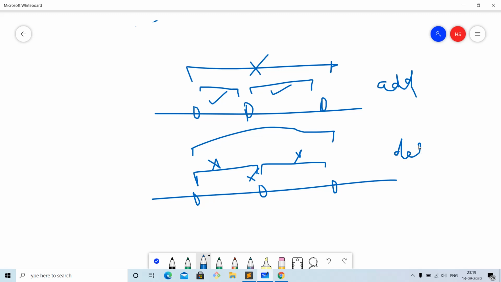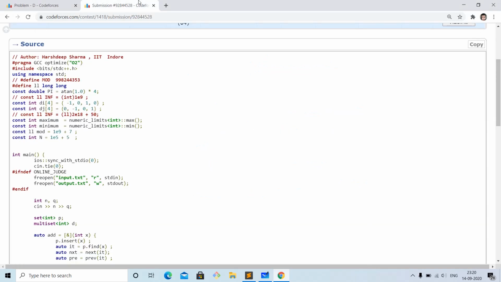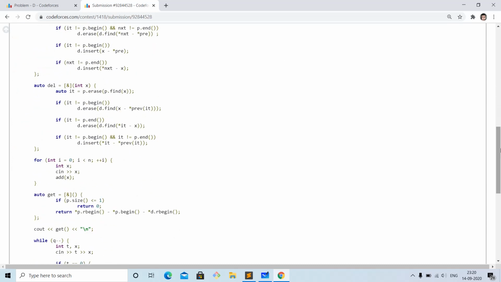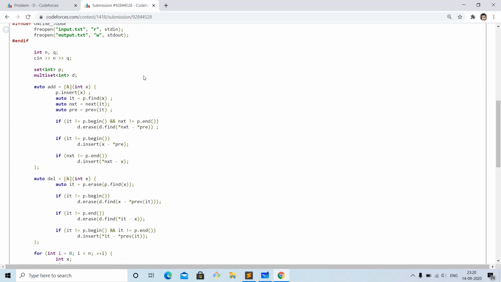So let us look at the code to understand it a little bit better. Here, in the add operation, I am using a set for the coordinates and a multiset for the differences or the distances. When we do the add operation, we simply insert x into the piles coordinates, and now we have these positions: one is the position of x, one is the next position, one is the previous position.